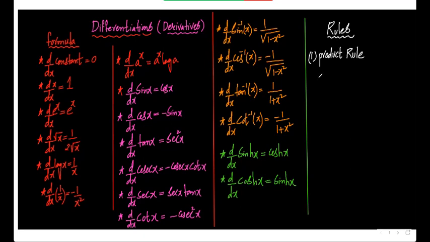It means two functions, u and v, any two functions like sin x and cos x. If you want to find the product derivative, then the formula is u d by dx of v plus v d by dx of u. First function times derivative of second function plus second function times derivative of first. Then quotient rule.